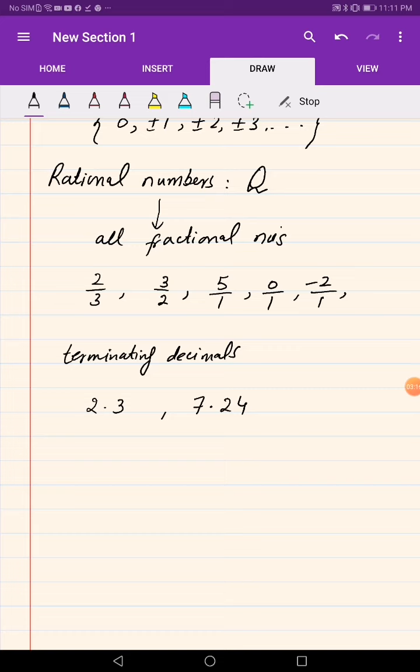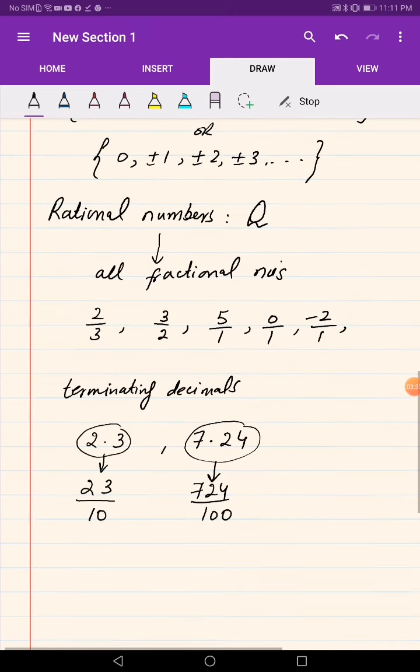A terminating decimal can be converted into a fraction: 2.3 is 23 over 10, and 7.24 is 724 over 100. This is also a fraction. So all terminating decimals are actually rational numbers.